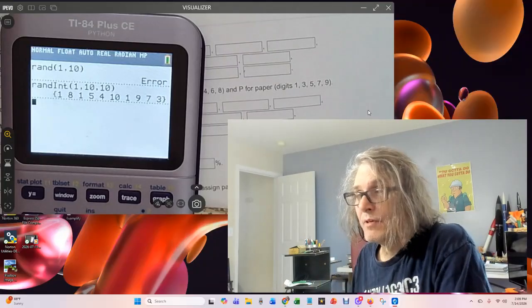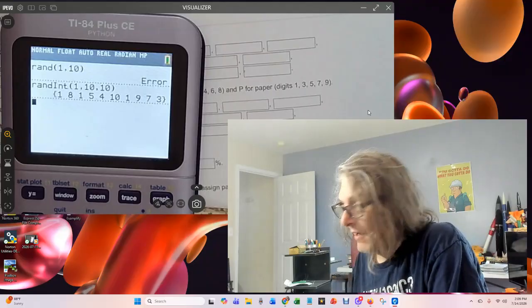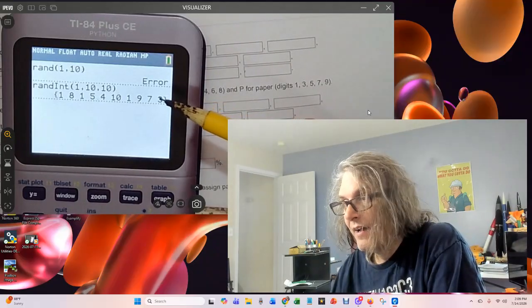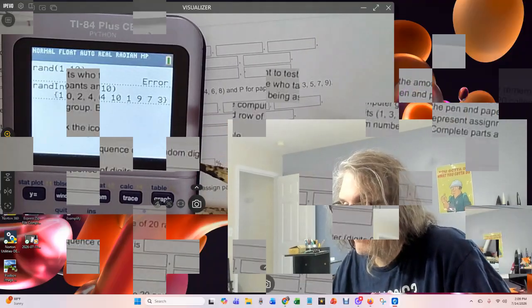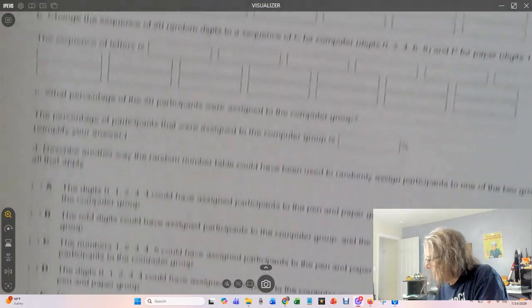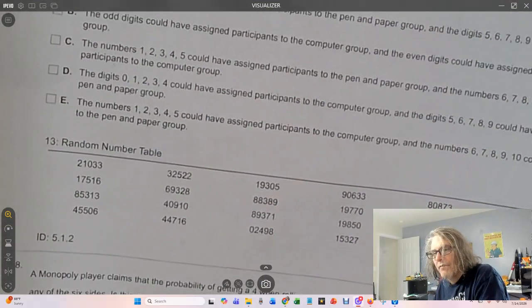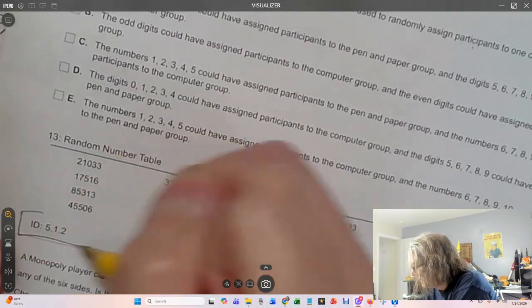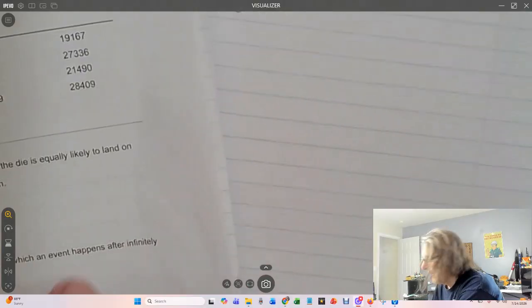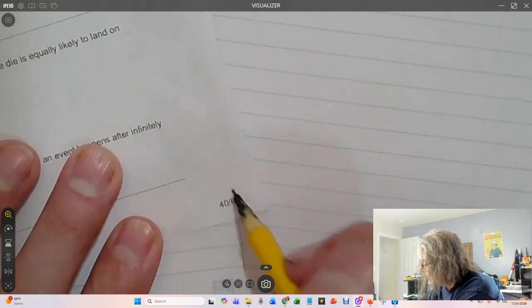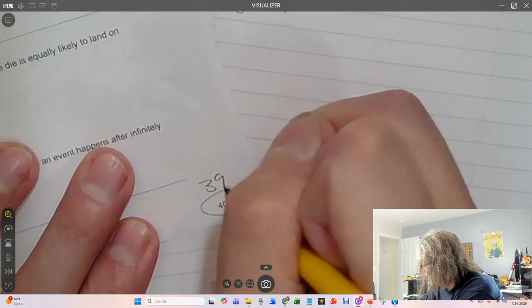And luckily, we'll be drawing on technology, not the TI. But we will be using other technologies to find the random number. Right, so back to this problem here, ID 5.1.2. It says it's on page 40, but I believe it's actually 39.